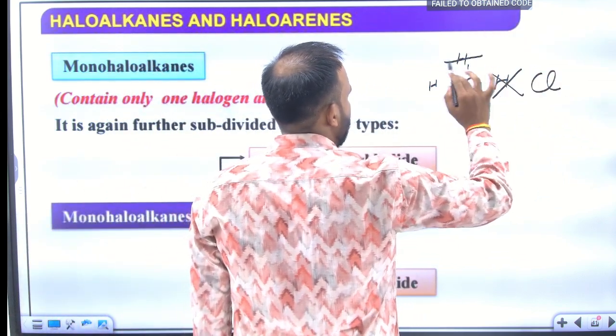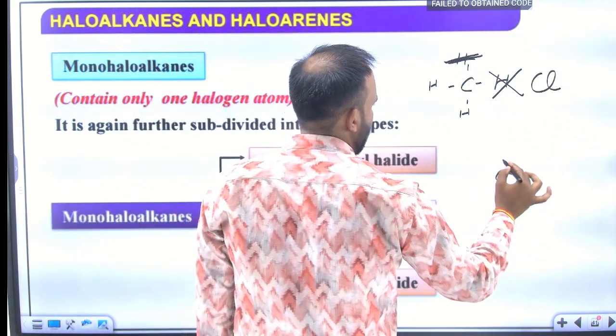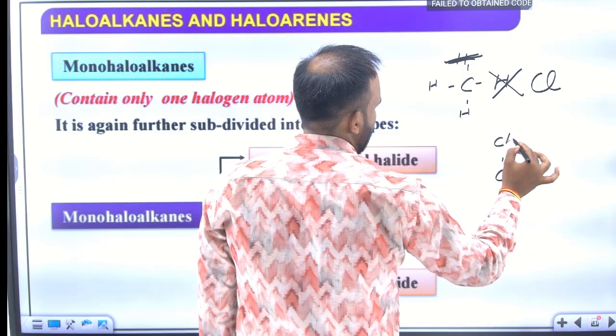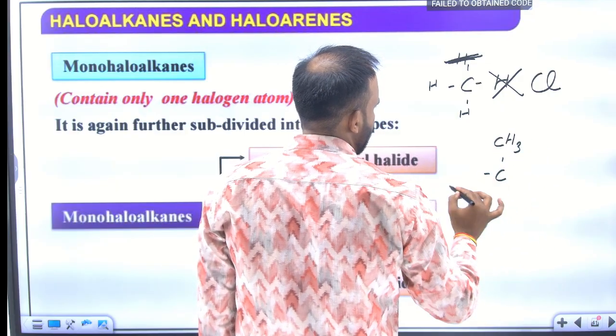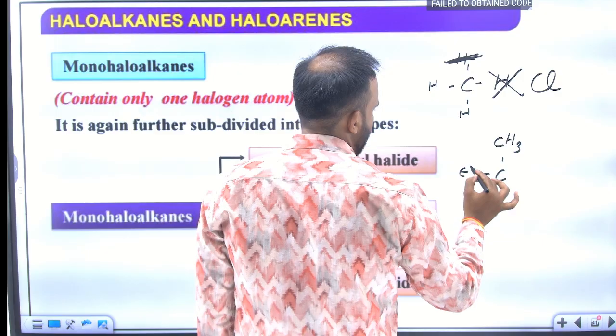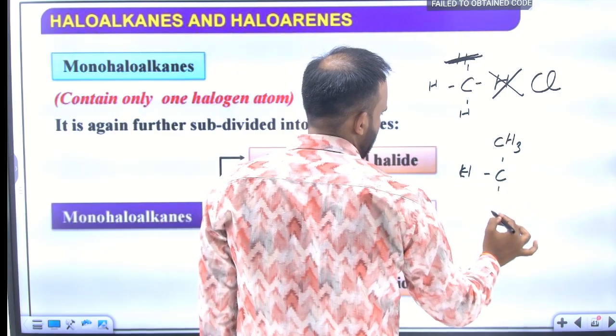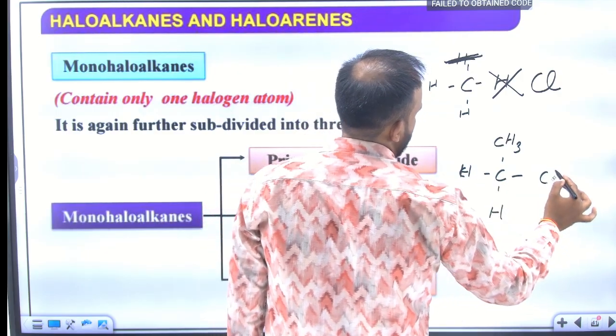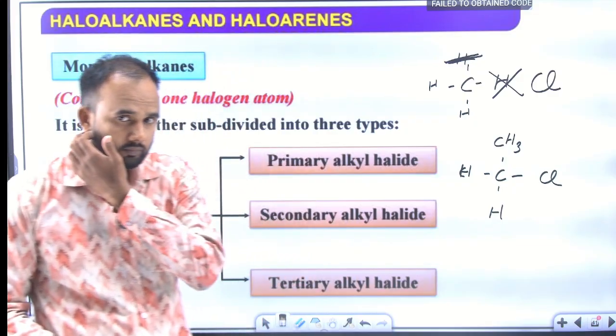If I replace this hydrogen with any alkyl group, here I mention CH3, this side hydrogen, this side hydrogen, and on this side chlorine is present.